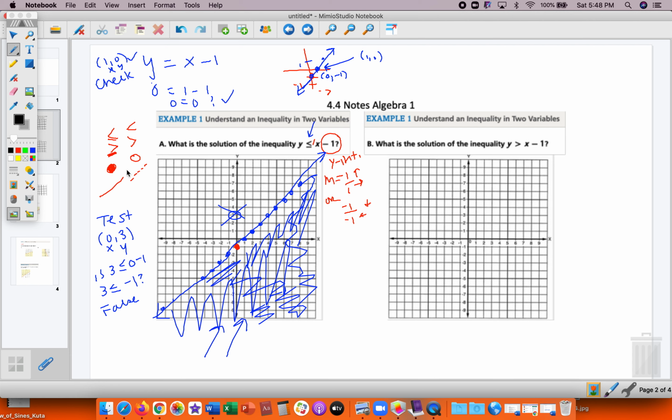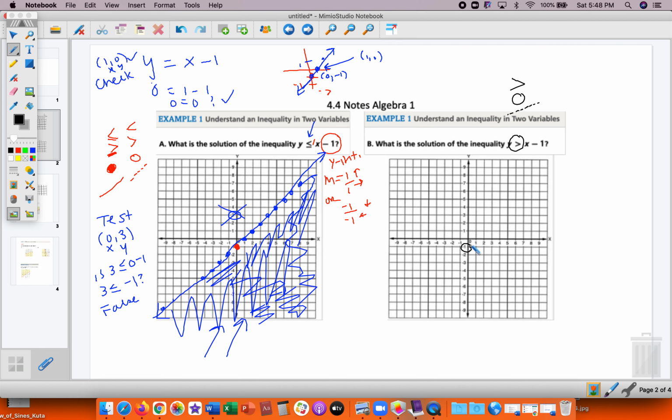If we look at this next one, we see that the inequality symbol just says greater than. So we're going to do open circles on the bound on that line, and we're going to do a dotted line, meaning we're not including ordered pairs on that line as solutions. So again, my y-intercept is at -1, and I have to do open circles.